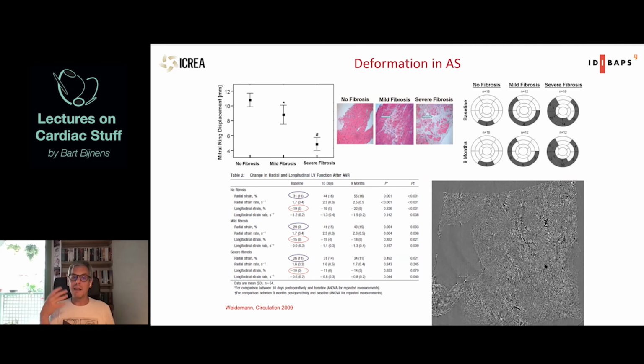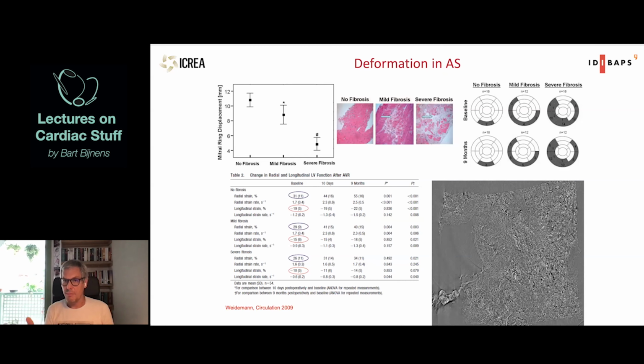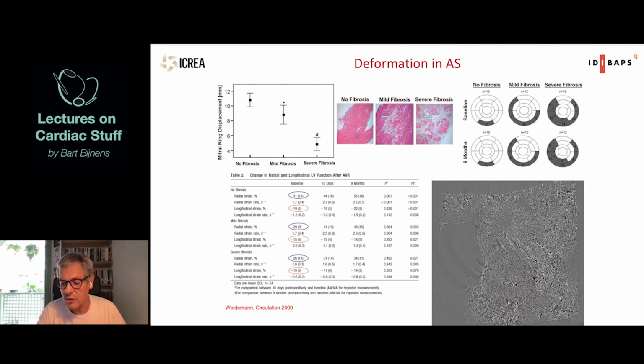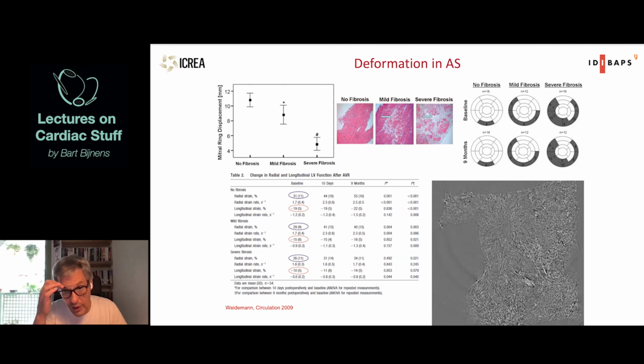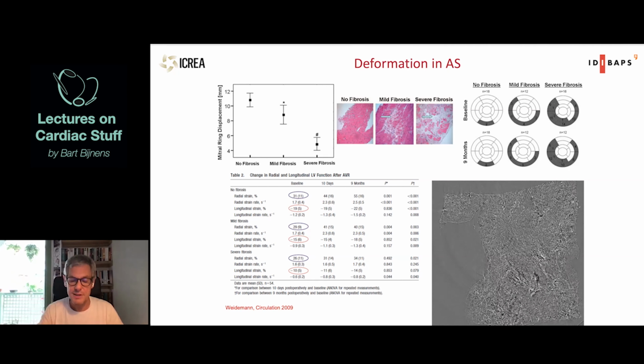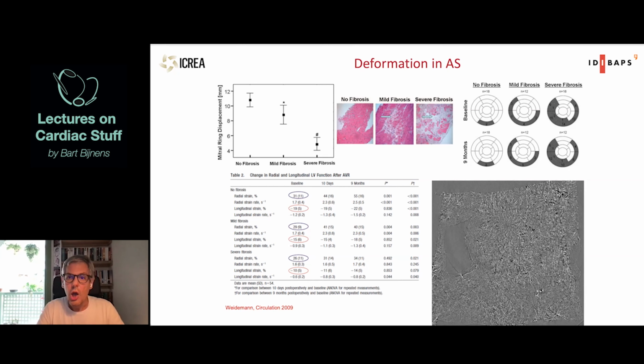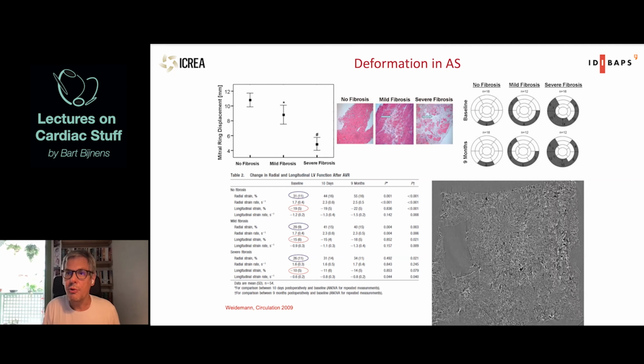So even if development takes place under abnormal loading conditions, you see that there's no way that we can get normal development. And of course, knowing this is something that you can never compensate and that you always will have to live with. Okay, I think it's enough for today.